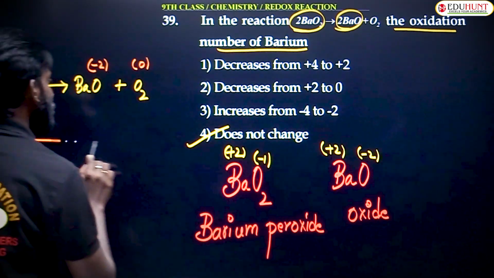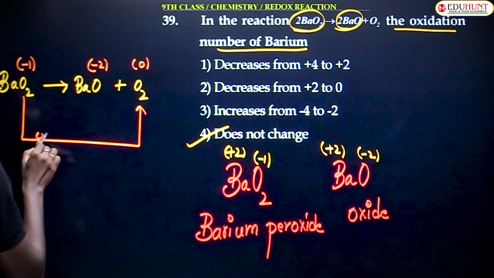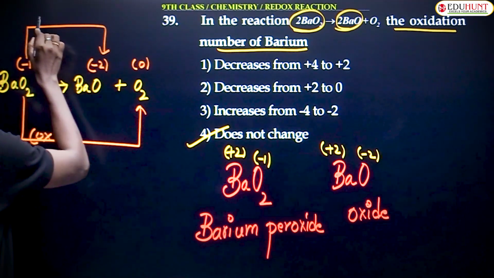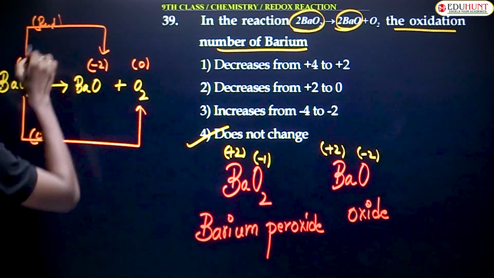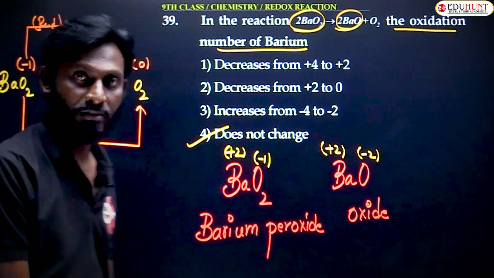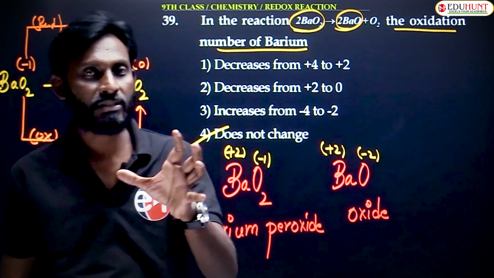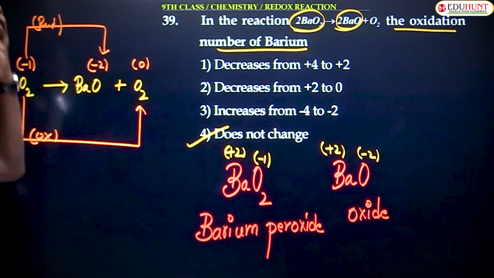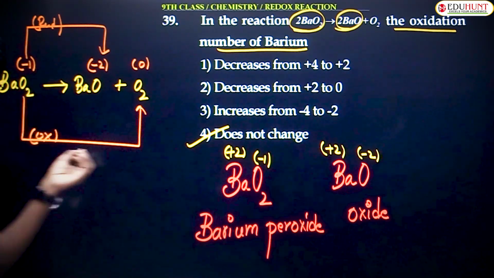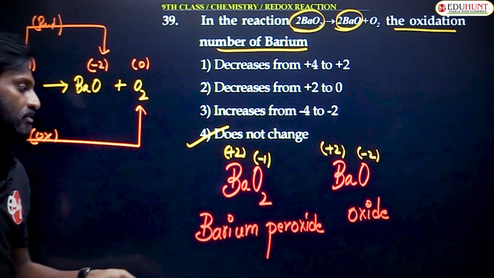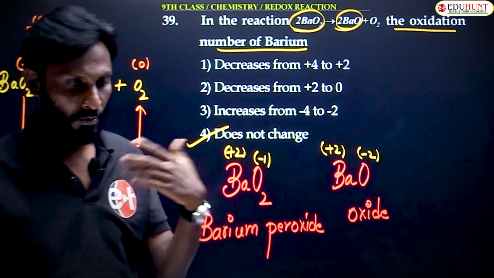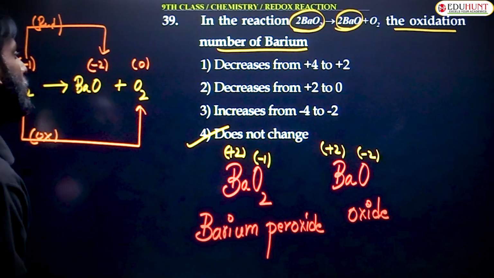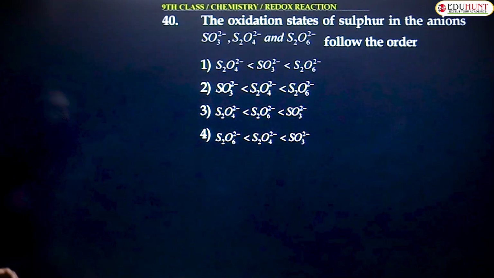So -1 to 0 is oxidation, -1 to -2 is reduction. It's a redox, but what kind of redox? Disproportionation type of redox, when the same element undergoes oxidation and the same element undergoes reduction. So what about barium? There is no change for barium.